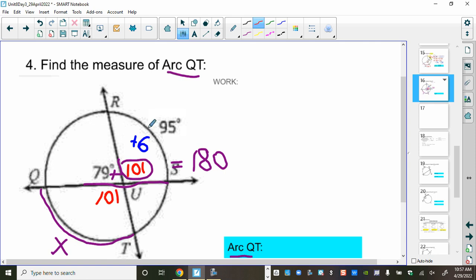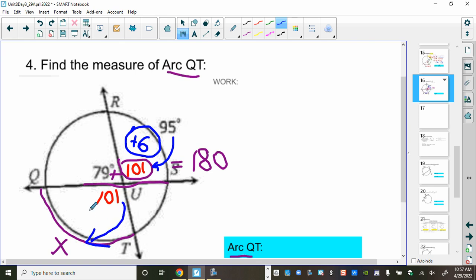So if you want a real quick, cheap way to figure this out, see this plus 6? To go from 95 plus 6, you get 101. Keep your 101.